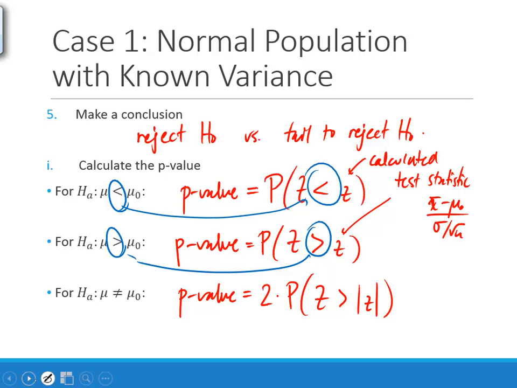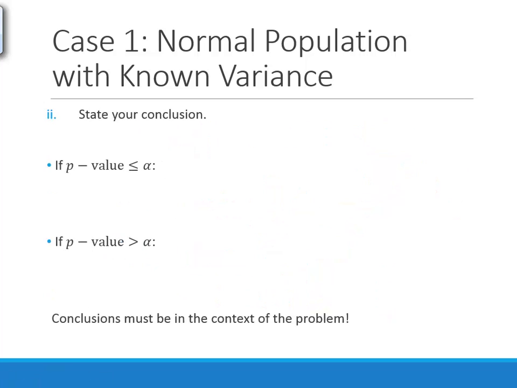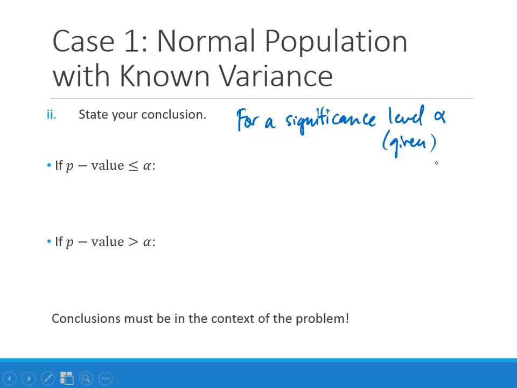Okay, so that's our p-value, and then to actually make our conclusion, we need to use a particular alpha level, a significance level alpha, that will be given in the problem. So if our p-value is less than alpha, what are we going to do?